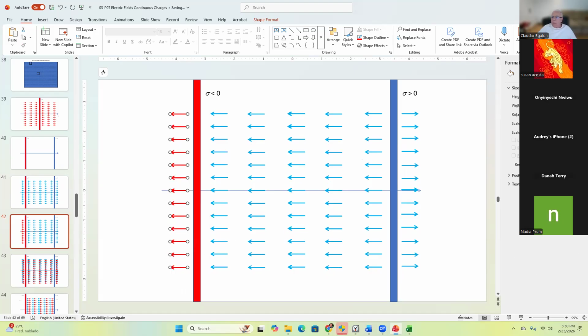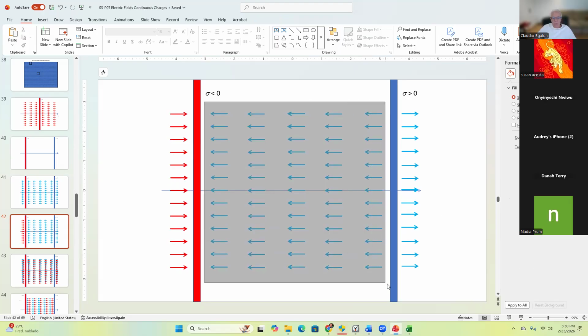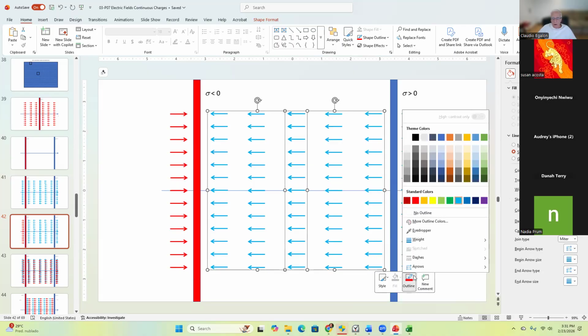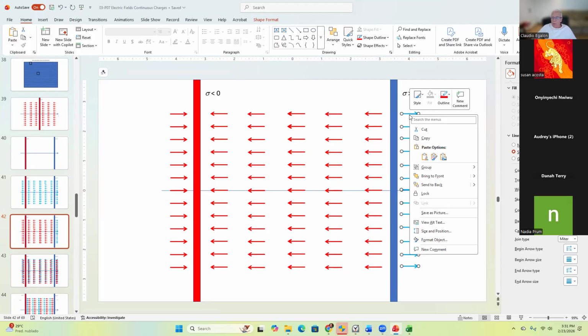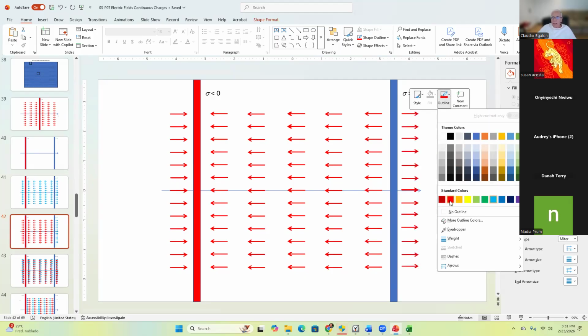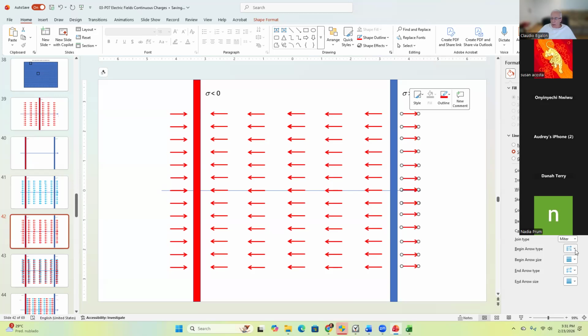All those arrows are going to be red as well, and this one here is going to change direction, just like the other. Those are the electric field contributions of the negative plate only.